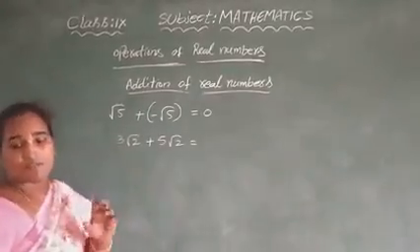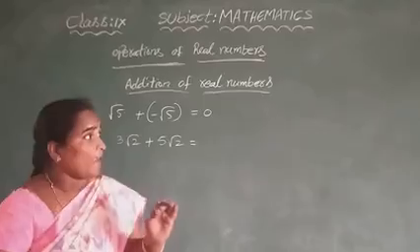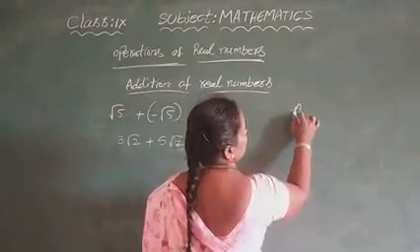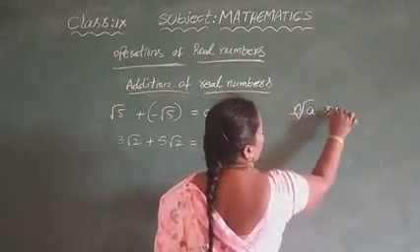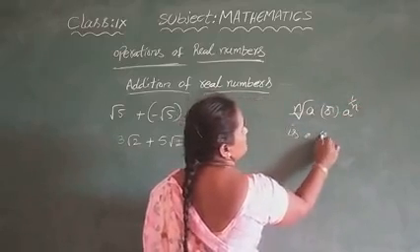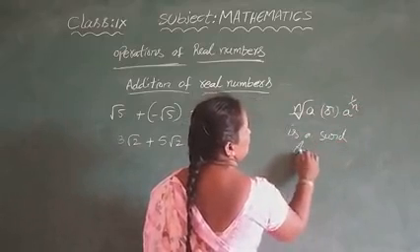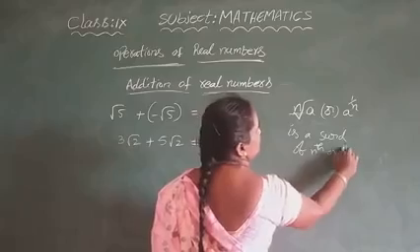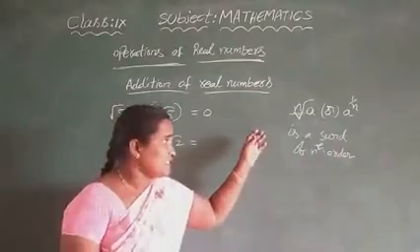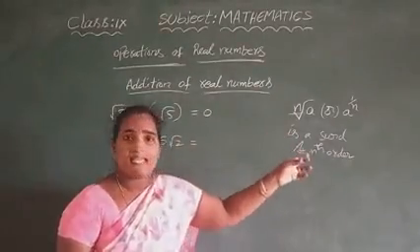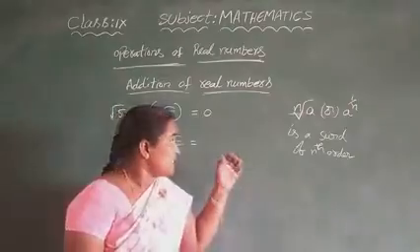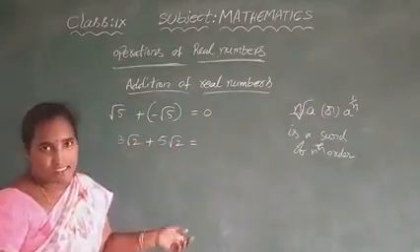Surd means nth root of A, or A power 1 by n, is a surd of nth order. Here n is a positive integer greater than 1. So these irrational numbers are also called surds.